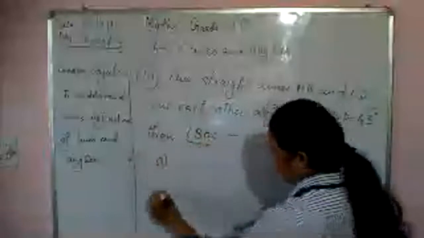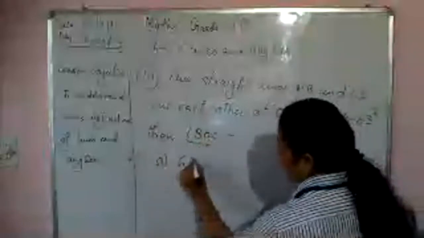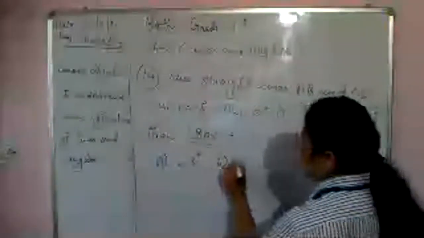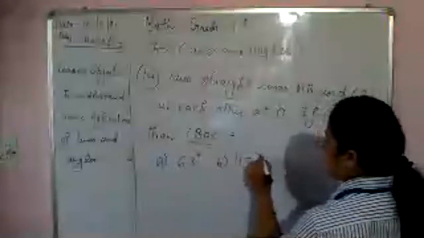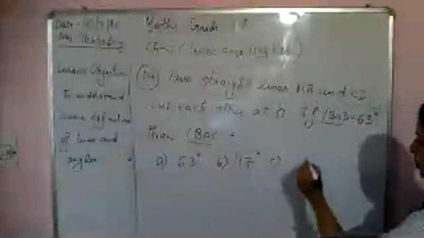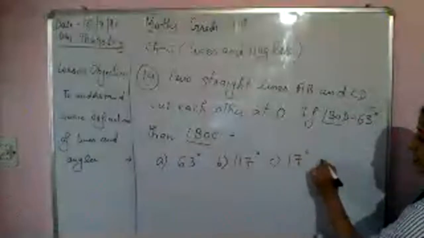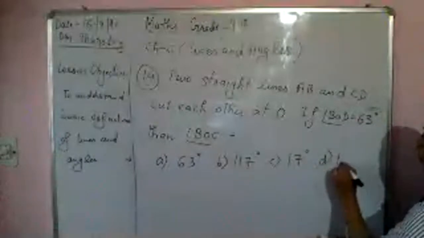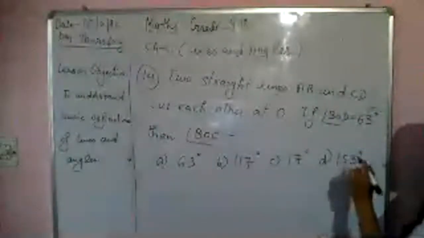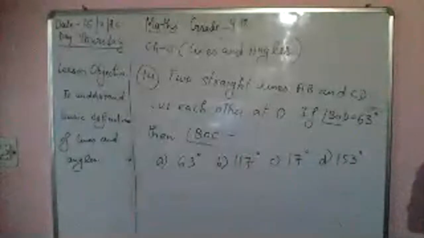The options are: 63 degrees, 117 degrees, your third option is 17 degrees, and your fourth option is 153 degrees. Okay.